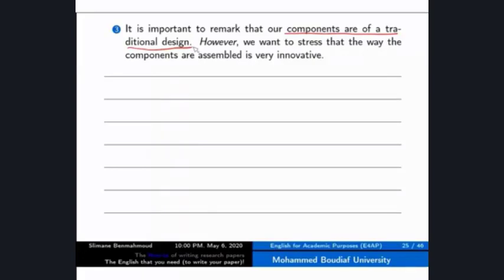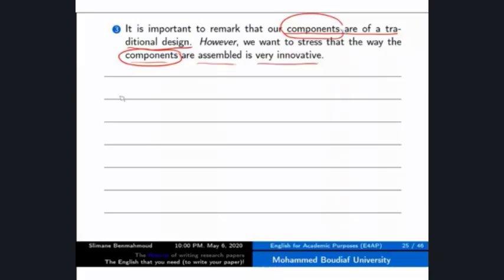The important information that they want to give us is that their components are assembled in a very innovative way, right? We can also see that we have a repetition here, components. So we have to rewrite this in a correct way.